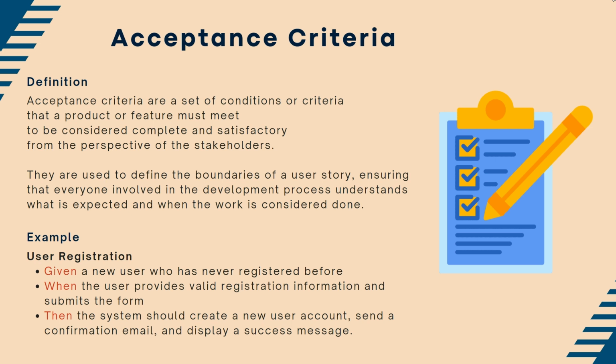Acceptance criteria are used to define the boundaries of a user story. When you write good acceptance criteria, you are defining the boundary, so developers know that whatever is expected from the user story is defined in the acceptance criteria, and that will help them restrict their work to what they have to do.